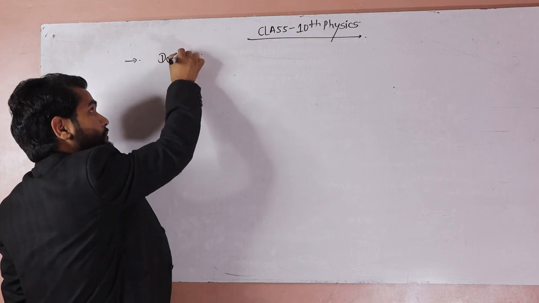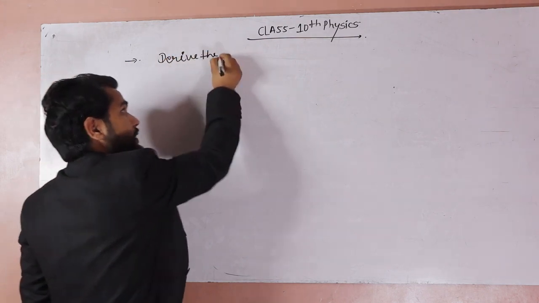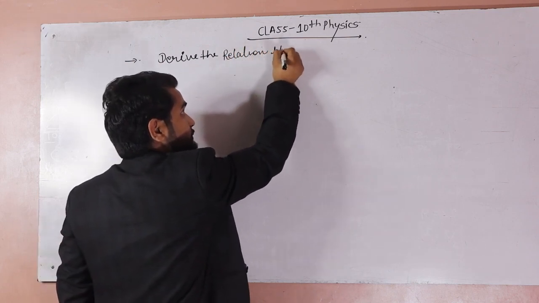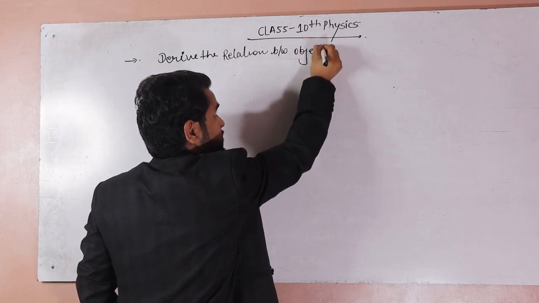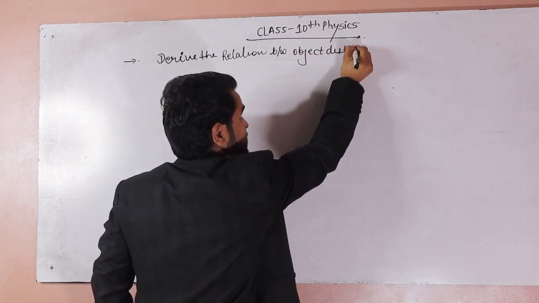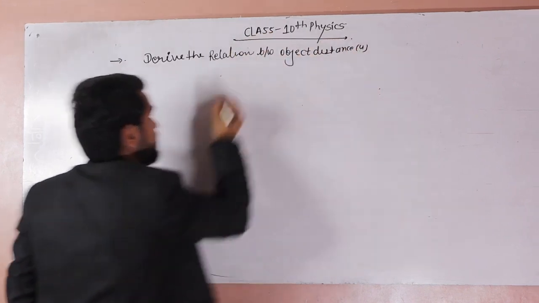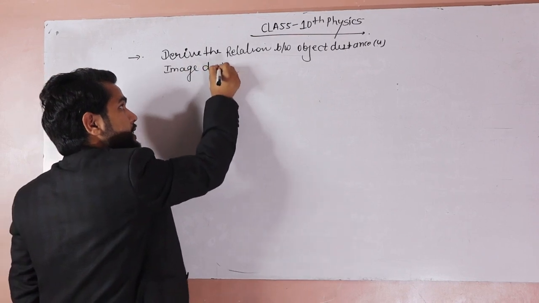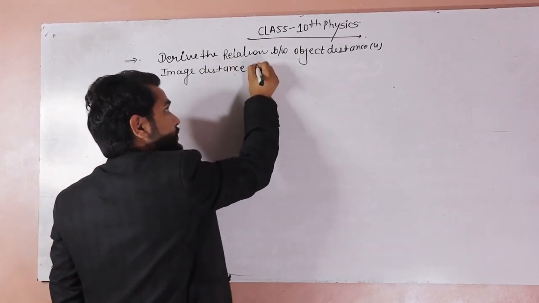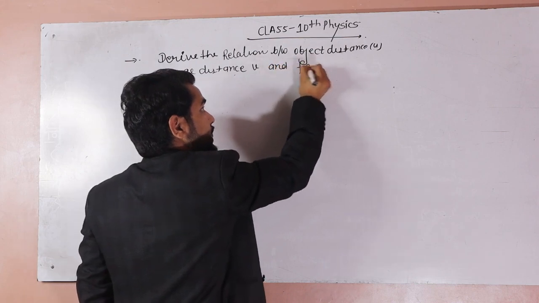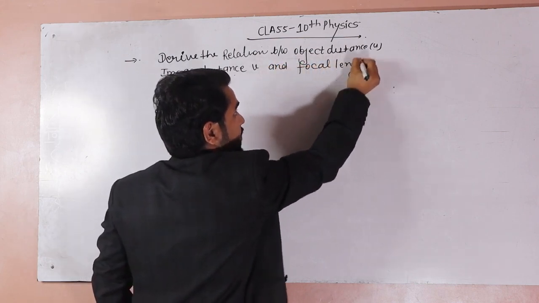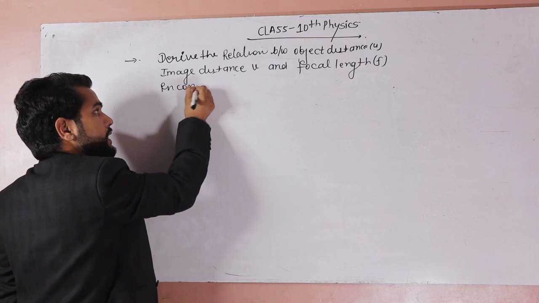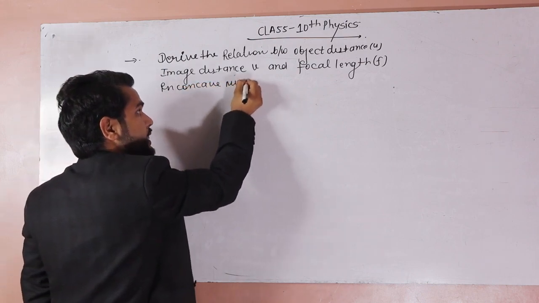Derive the relation between object distance, you know very well, object distance u, image distance v, and focal length, I repeat, focal length small f in a concave mirror.